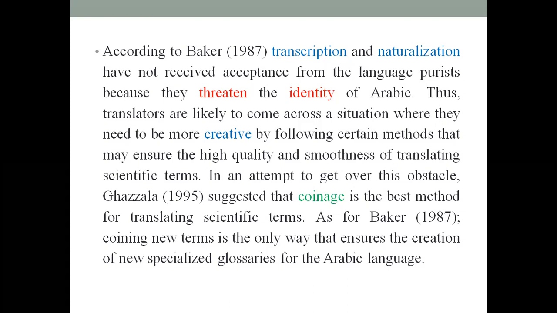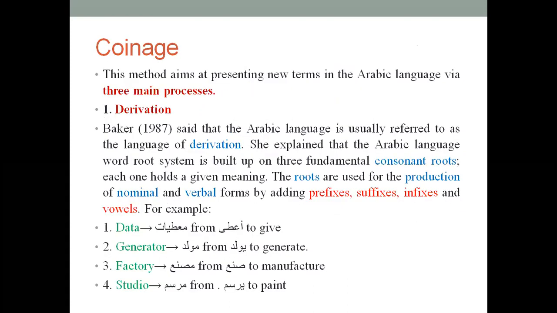That means we can invent new pure Arabic words as equivalent items to English ones. We have three main processes of coinage. The first process is called derivation. Derivation means al-ishtiqaq. Actually, Arabic is the language of derivation.